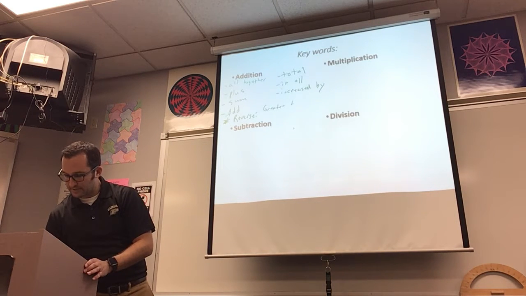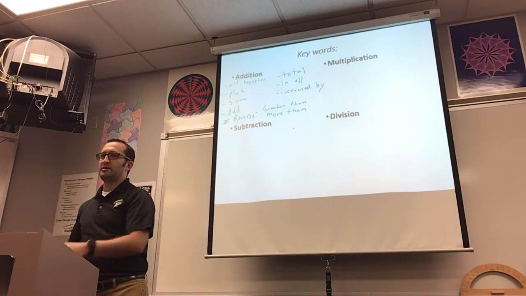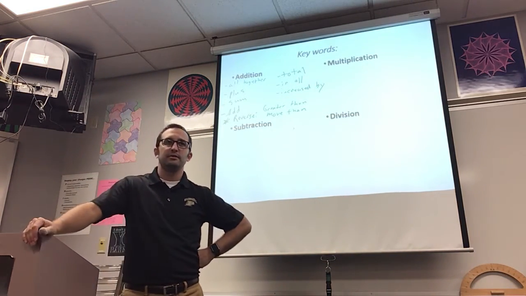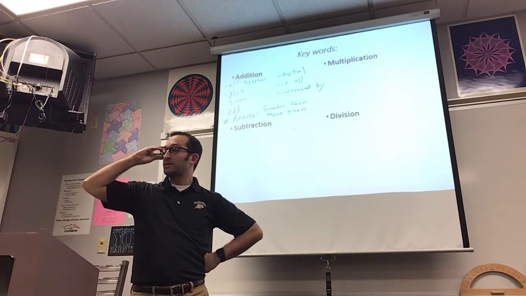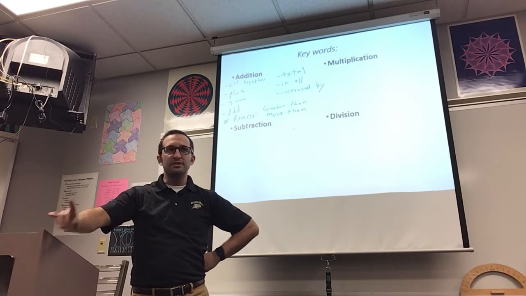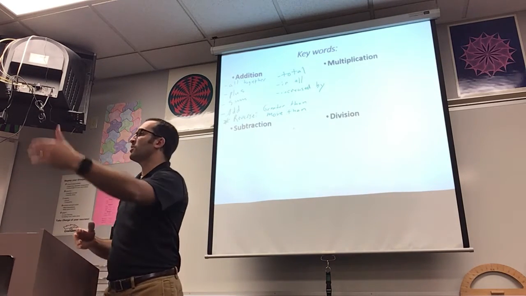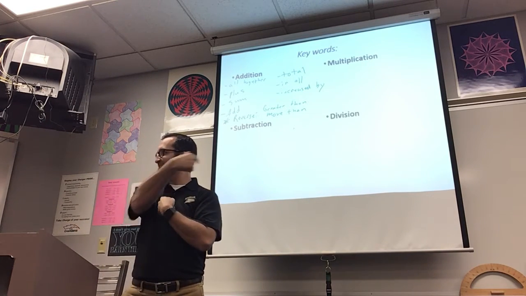Greater than, and these ones are tricky. Greater than or more than. Those two are reverse. If I have $7 more than you, how much money do I have? Well, it depends, right? What does it depend on? How much you have. So you see how it would be in reverse? If I have $7 more than you, you'd be like, well, my money plus 7.